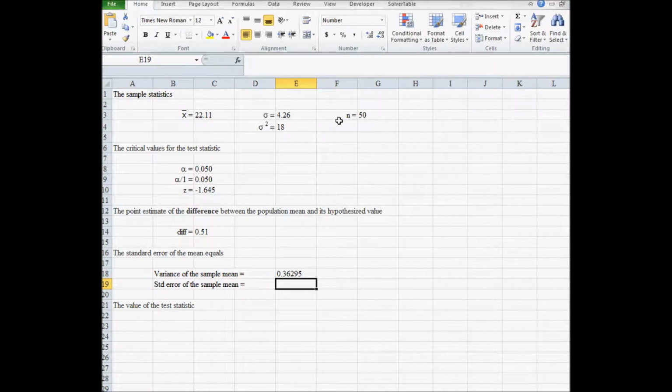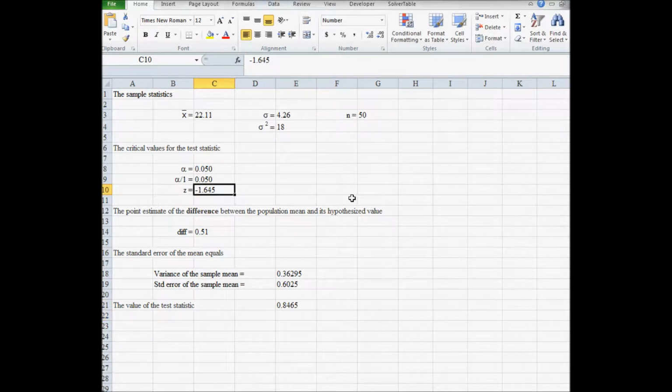The standard deviation of the sample mean, also known as the standard error of the mean, is equal to the square root of the variance of the sample mean. The test statistic is just the point estimate of the difference between the population mean and its hypothesized value divided by the standard error. Now we're going to copy these values into Cengage Now.